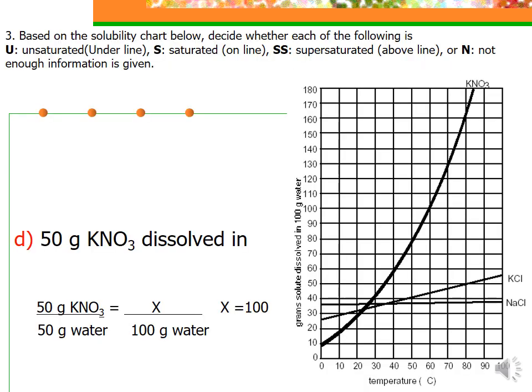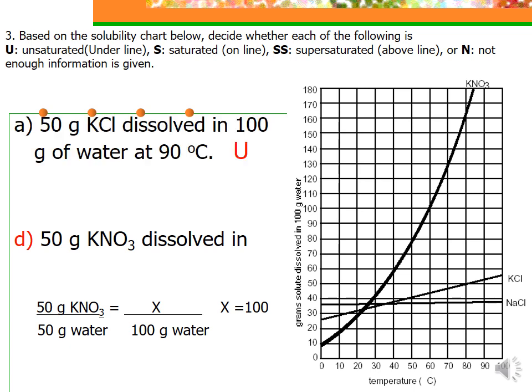So if we look at a solubility curve such as this one, you'll notice we have 3 different substances shown on this graph. We have KNO3, KCl, and NaCl. Okay, so I want to start with 50 grams of KCl.